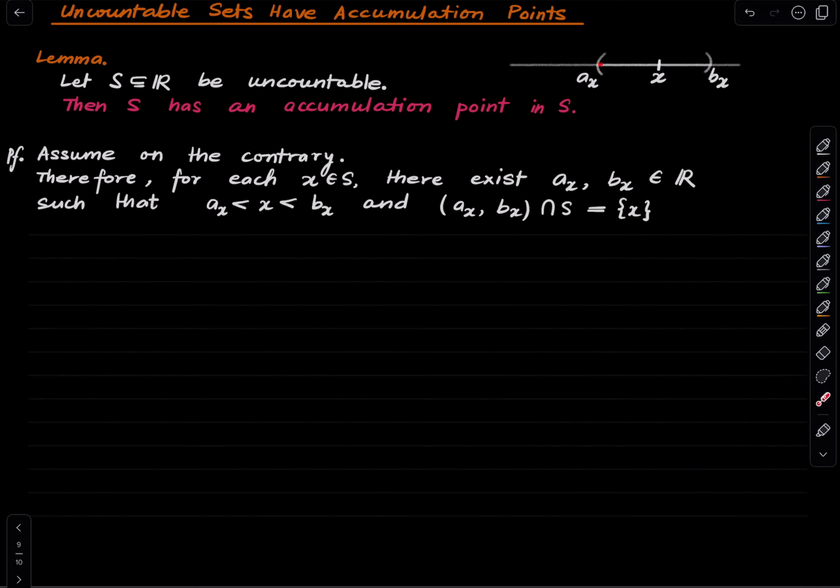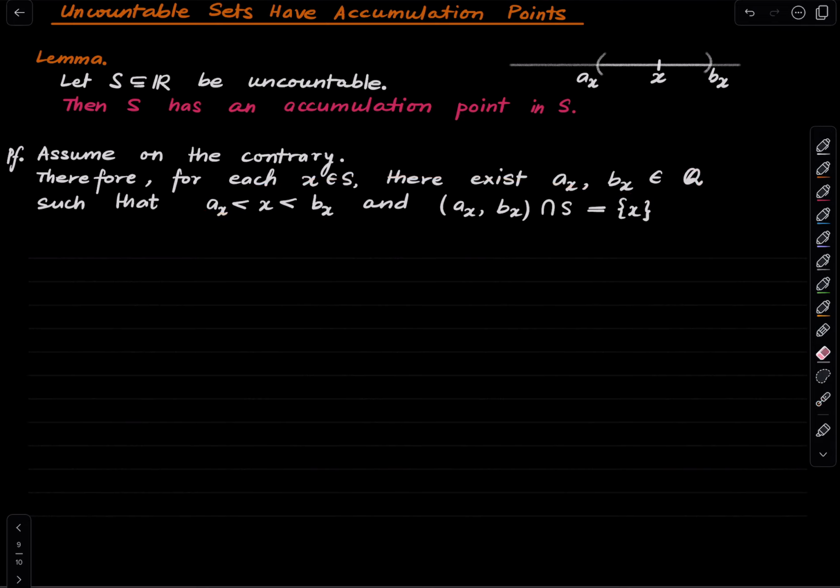Once you found them, all you need to do is find some rational number here and some rational number there, replace ax by that rational number and replace bx by that rational number. So without loss of generality, you can find rational numbers ax and bx with the same property. And that's the key point of this argument.